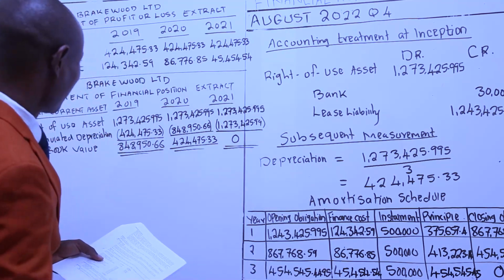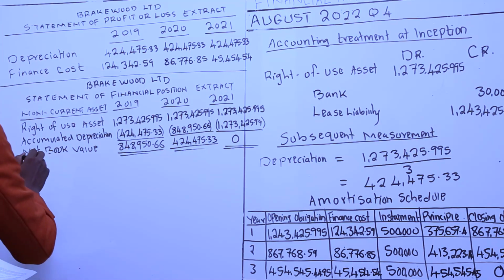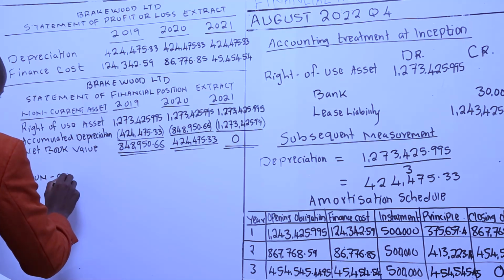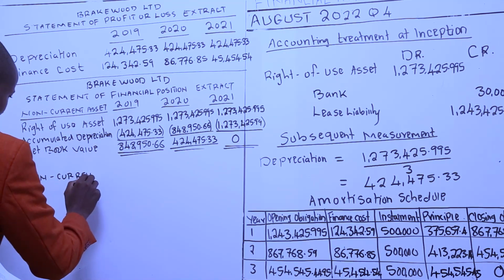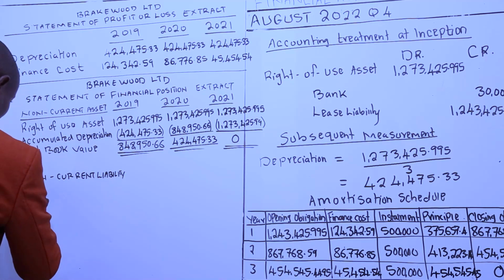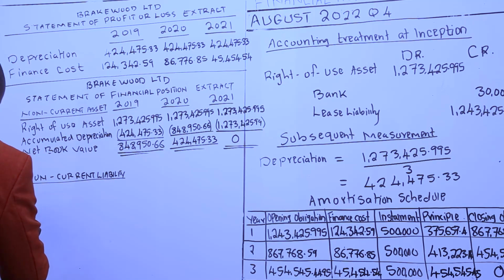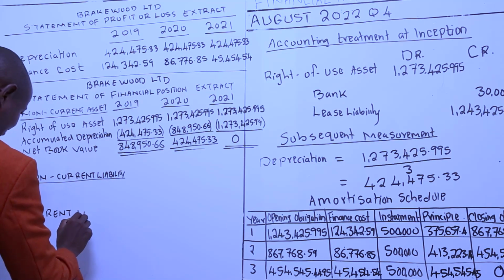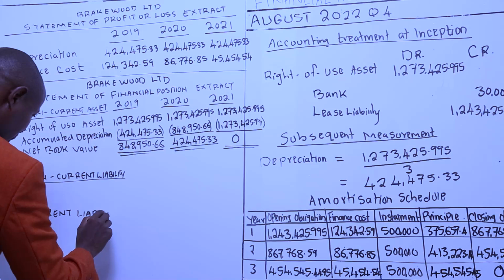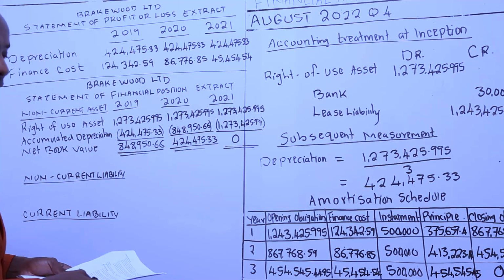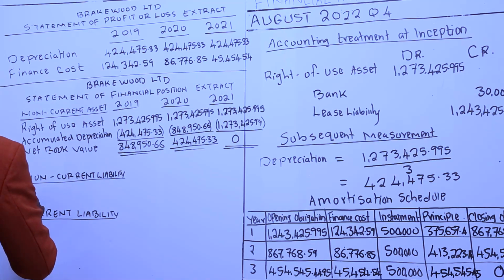Once you have the net book values for the right of use assets, we move to non-current liability, and we also move to current liability. Of course, we have the lease obligation.